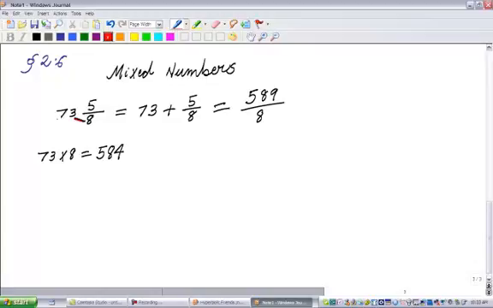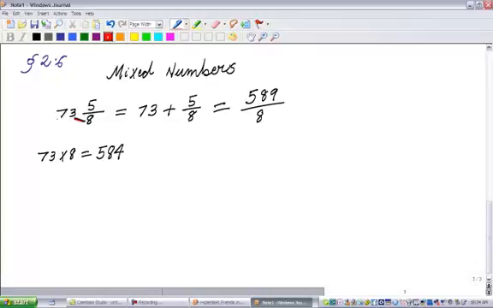The way you want to read it is 73 and 5/8. So you're adding 73 and 5/8. If you add these two numbers, what's the common denominator? 8. So you multiply 8 and 73 and add 5, right?